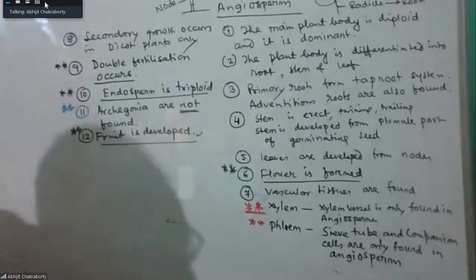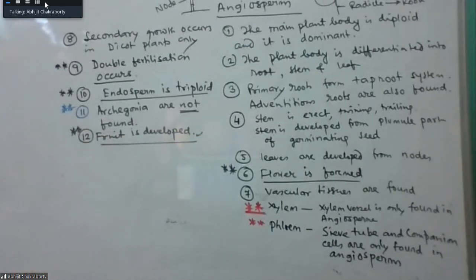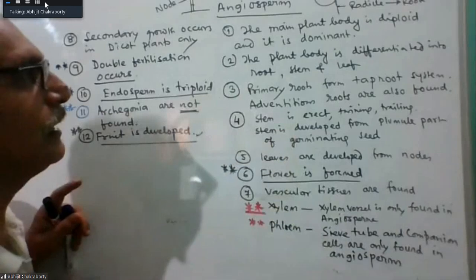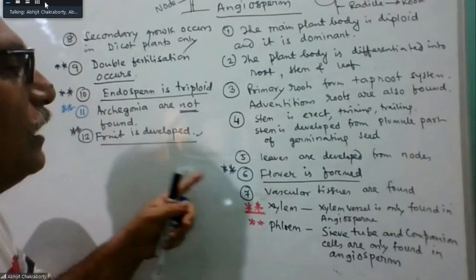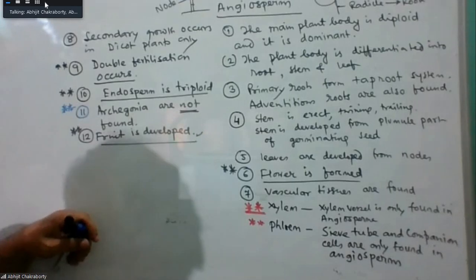So this is the first plant group where you will get the fruit. This is about the basic characteristics of the angiosperm. I already gave some stars here to remember these things.